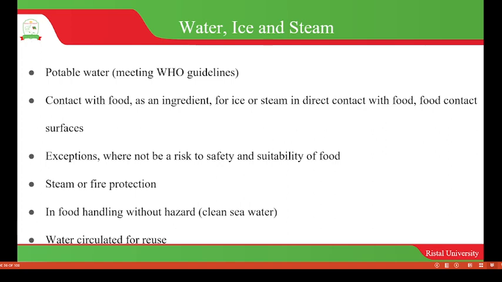We can use water which is not potable only where we think there is no risk to the safety and suitability of food. Steam, there has to be steam or fire protection in food handling without hazards. Then we have to always use clean sea water. Then water circulated for reuse should also be potable water.